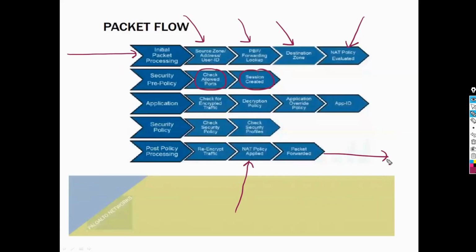So every time traffic hits the Palo Alto firewall box, Palo Alto will check zone information. If you are familiar with Fortinet, remember that in Fortinet there is no zone concept. In Fortinet we go with the incoming interface and outgoing interface, right?